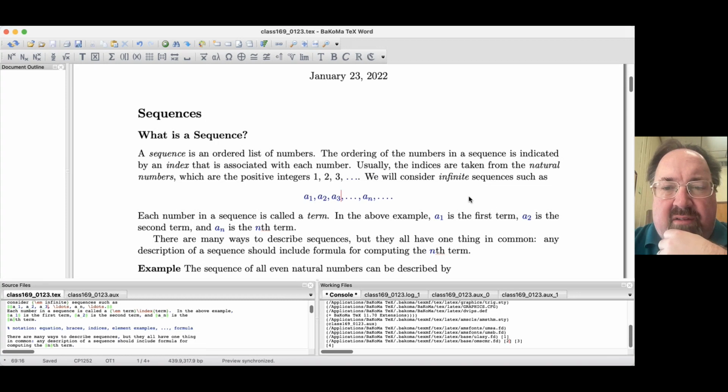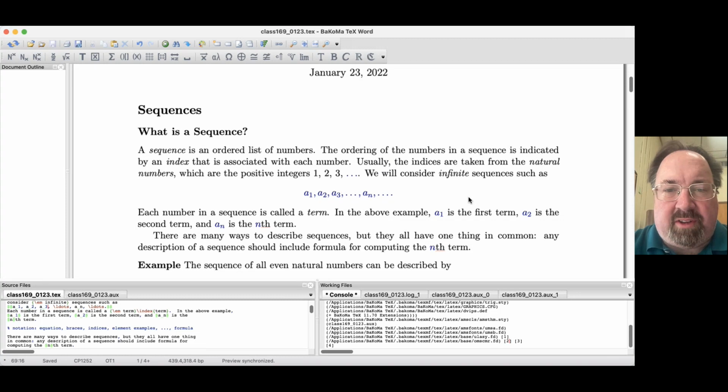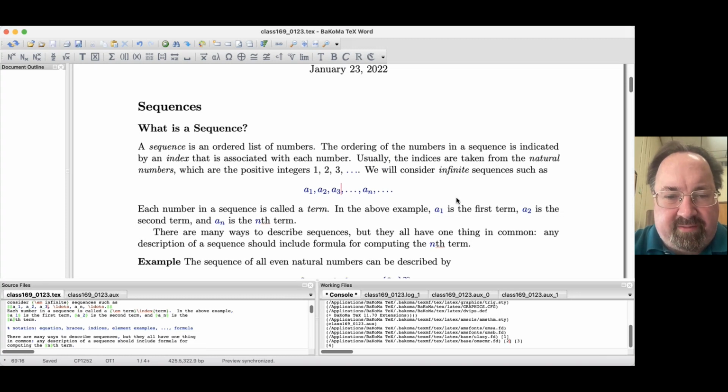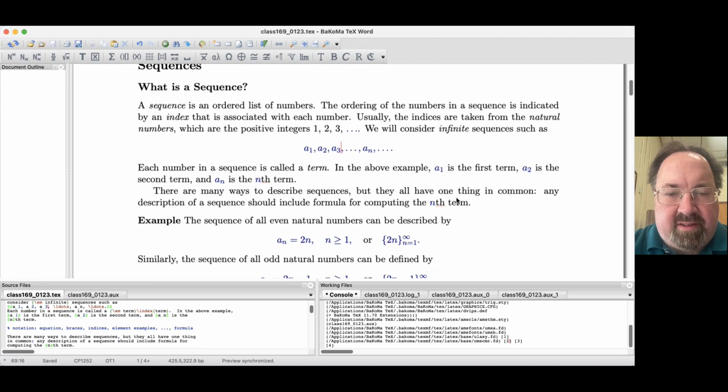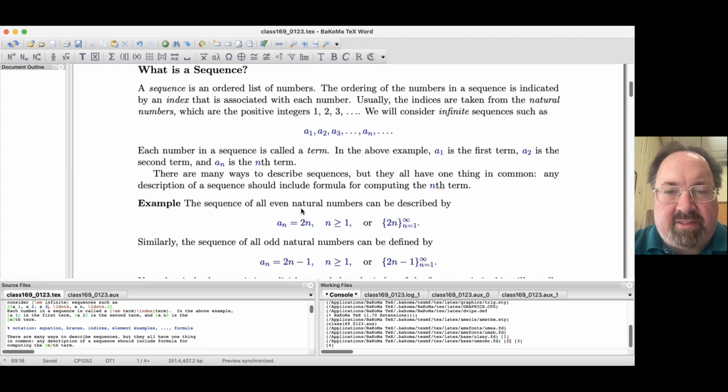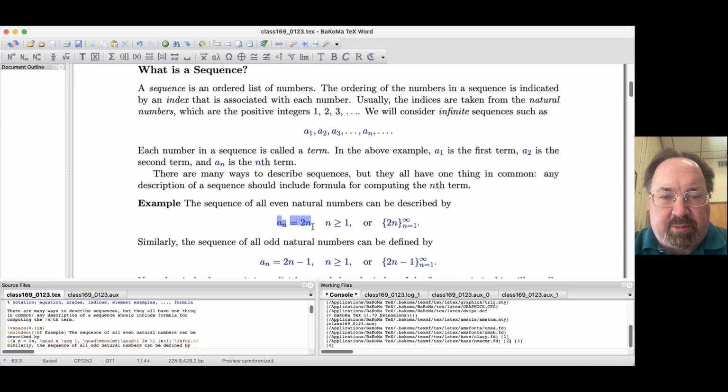Now, there are different ways of describing all of the terms of a sequence. So I'm going to show you some examples to give an idea of the different ways that these terms can be defined. So for instance, all even natural numbers, so 2, 4, 6, 8, can be described using a formula like this.